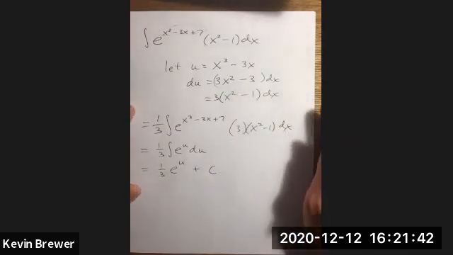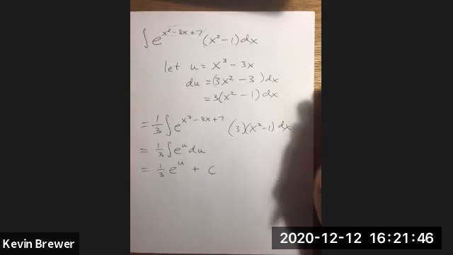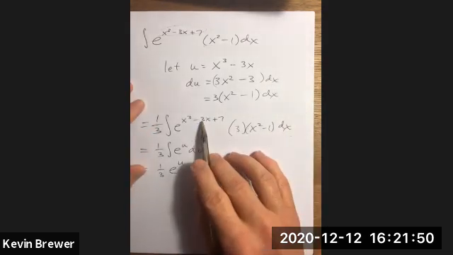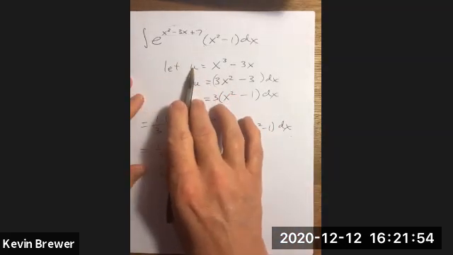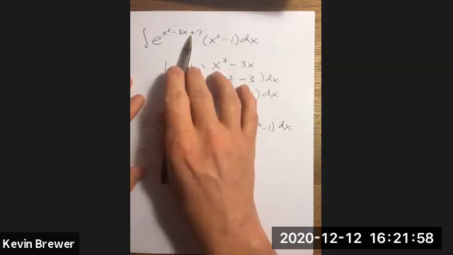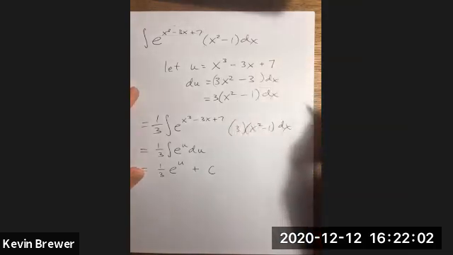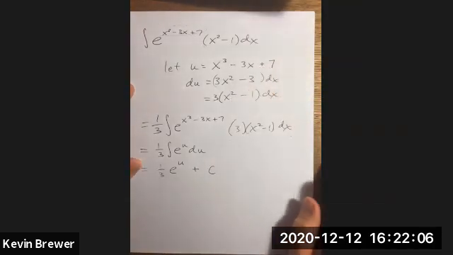So I hope you caught my mistake that I only just now caught, but it actually turns out not to have affected anything because I didn't make the same mistake here. I said earlier, I want u to be the inside function, and I didn't complete it. I'm curious to know if I replay the recording whether I actually said plus 7 but didn't write it.